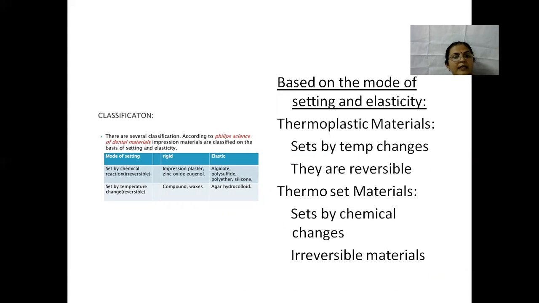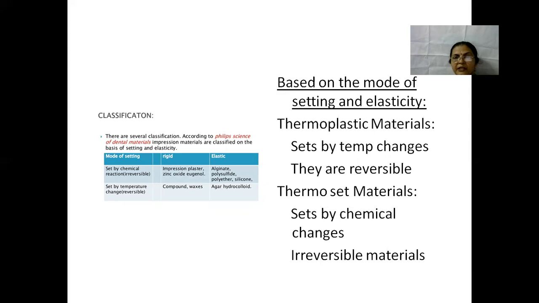One more classification is according to the mode of setting, that is reversible and irreversible. Under rigid materials, reversible are impression compound and waxes, and irreversible are impression plaster and zinc oxide eugenol. In elastic materials, reversible is agar hydrocolloid, and irreversible are alginate, polysulfide, polyether, and silicones.